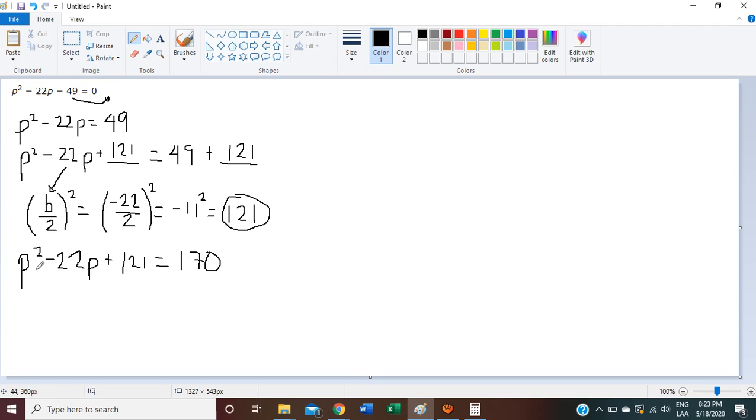Now we need to factor the left part of the equation. How are we going to factor that? We're going to use this formula that says x plus b divided by 2, and all of it is going to be squared. So remember, this is the formula, and we're going to substitute our equation in this formula.